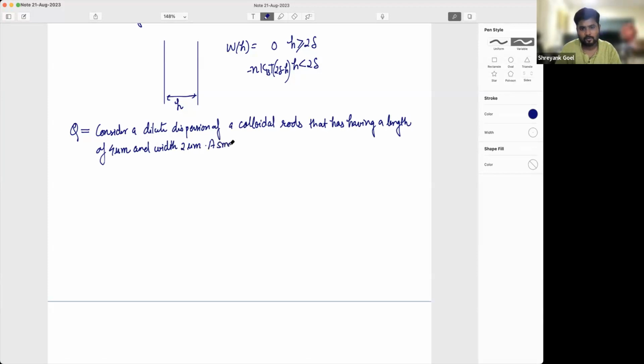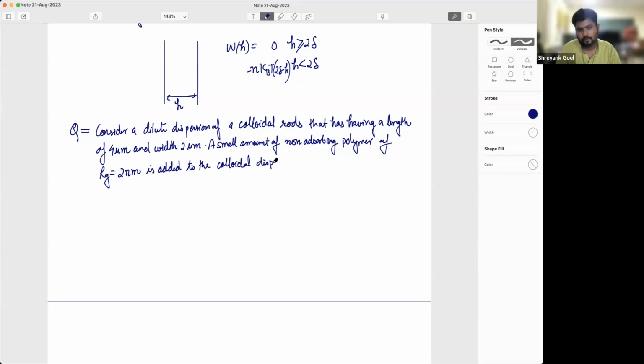A small amount of non-adsorbing polymer of radius of gyration 2 nanometer is added to the colloidal dispersion.